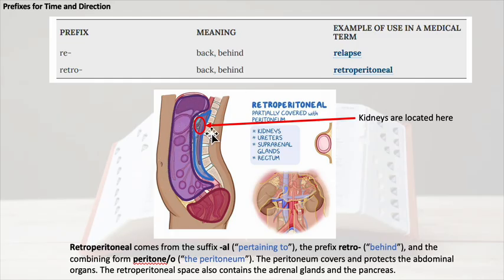So examples of organs that sit retroperitoneal are the kidneys, the adrenal glands, the rectum is located behind, the ureters are also here as well. So this location can affect how disease is spread, for example. It influences surgical approach, so whether particular structures are being accessed from the dorsal side of the body versus the ventral side of the body.